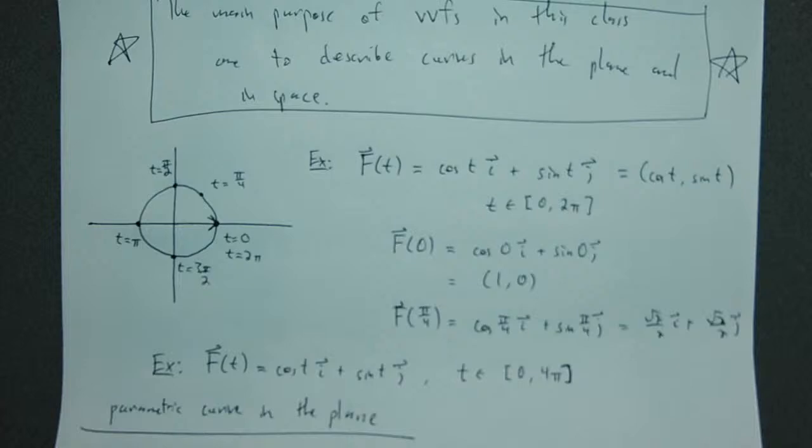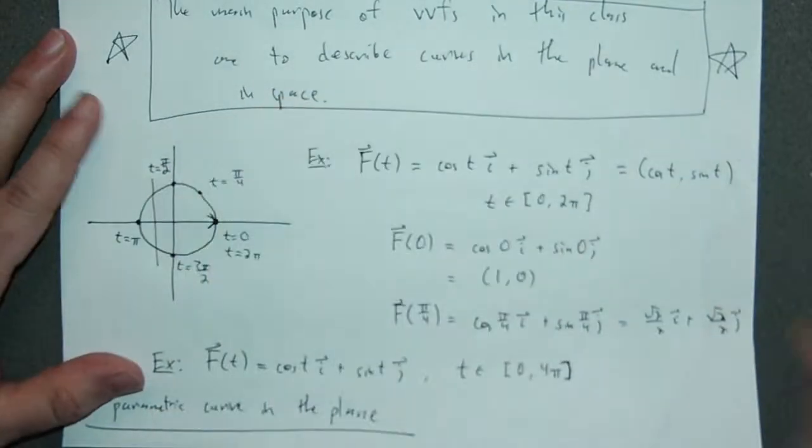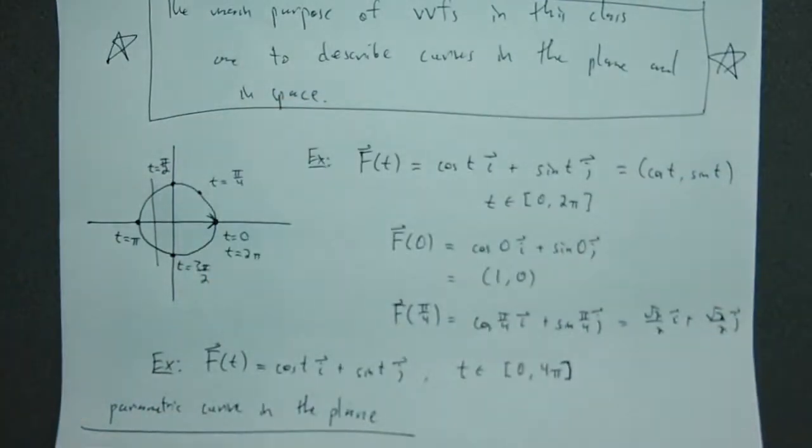Why? Because in order to do calculus in the usual Calc 1 sense, you need to be talking about a function. But is this the graph of a function? No, right? It fails the vertical line test. A circle is not the graph of a function.